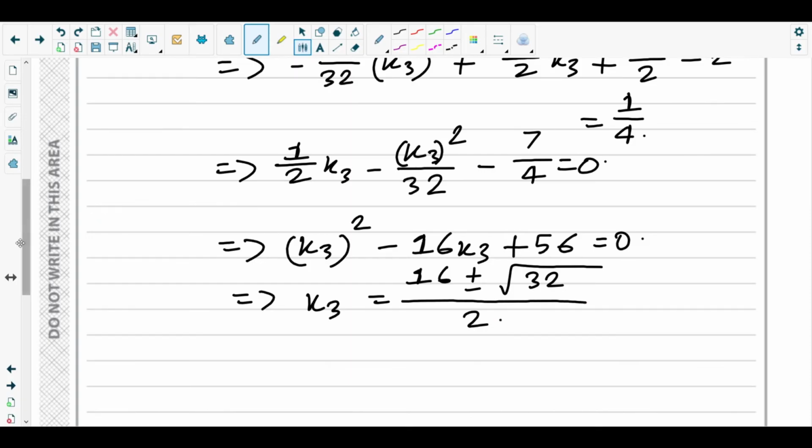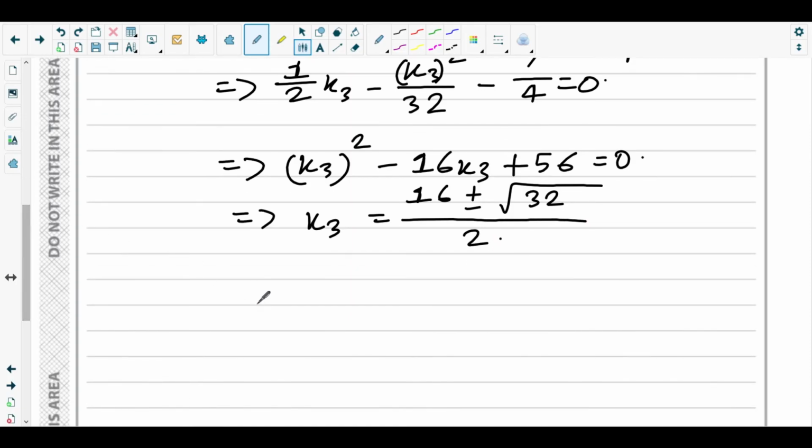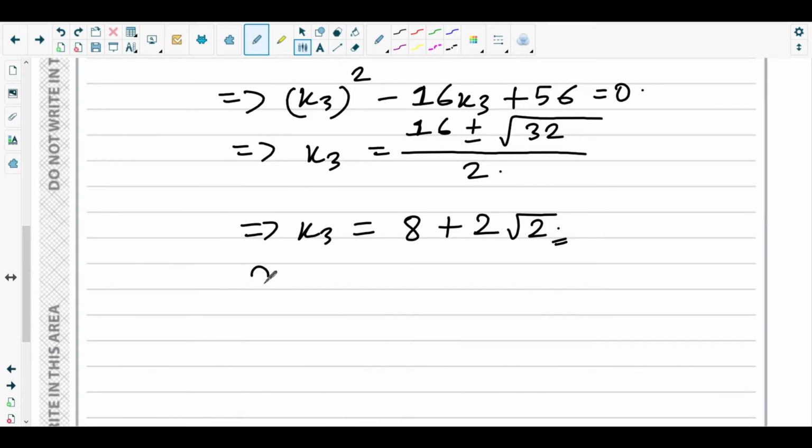Okay. So we need to consider the positive value because we can see that the x-axis is basically positive. So square root of 32, it's 4 square root of 2. So 8 plus 2 square root of 2. That's the Q3. So we got the upper quartile. It is 8 plus 2 square root of 2.